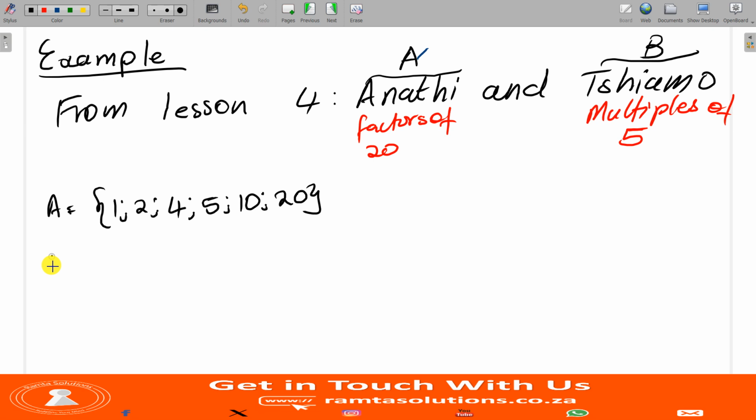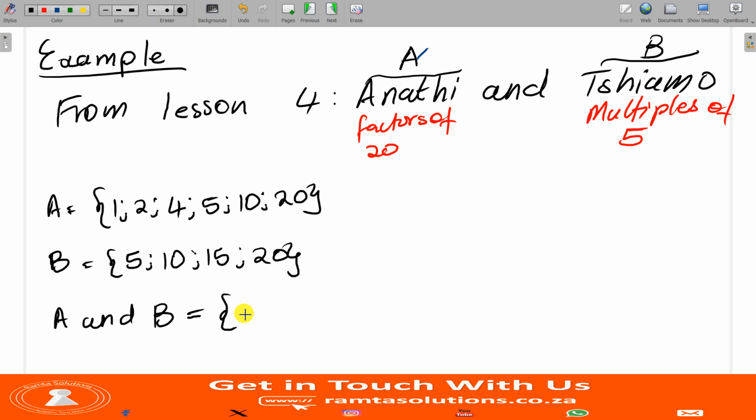And the set for Tiamo, which is multiples of 5, was 5, 10, 15, and 20.